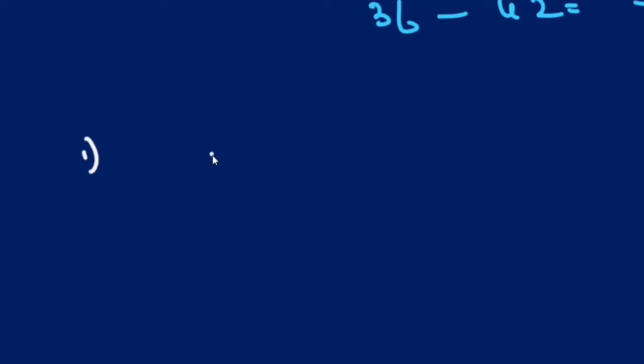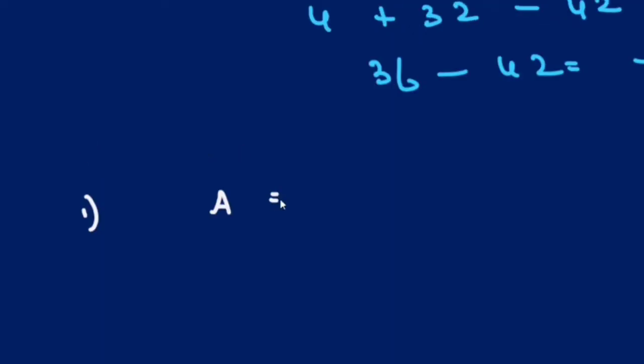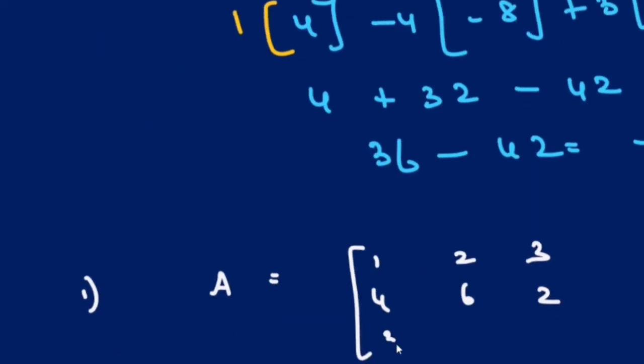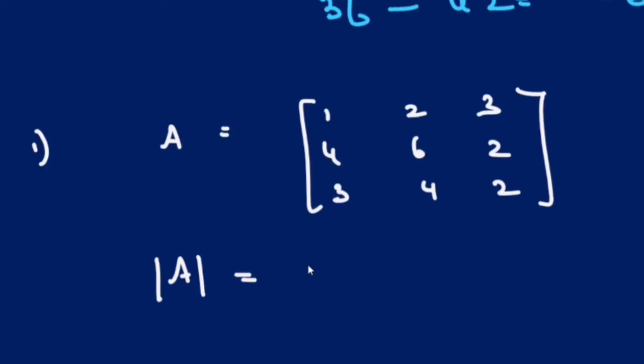That is, if I take matrix A as 1, 2, 3, 4, 6, 2 and 3, 4, 2. This is the matrix A. Now, the determinant value of this, you learned yesterday how to find. 1 into 6 into 2, cross this row, cross this column, 12 minus 8.